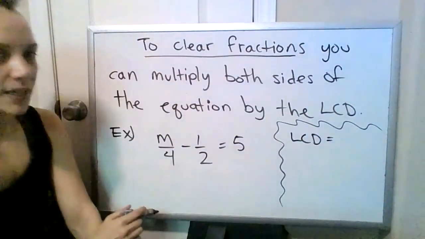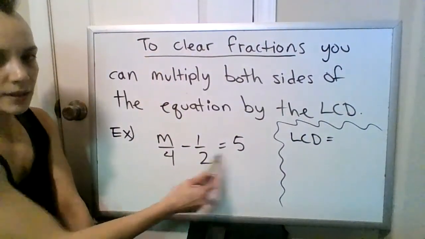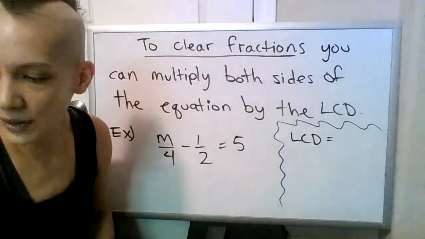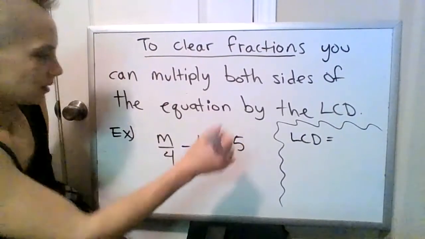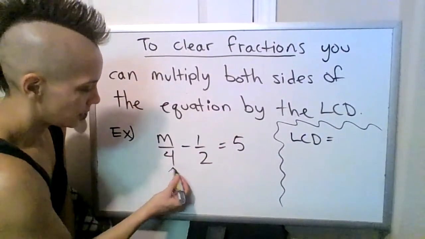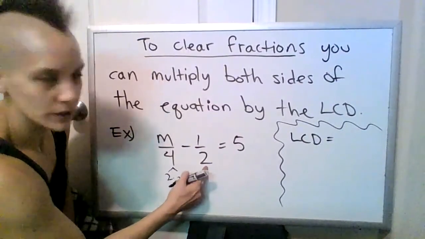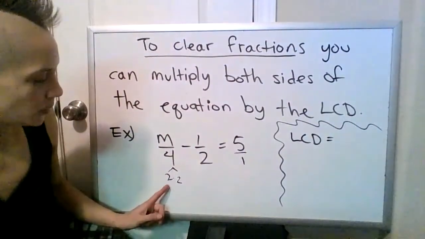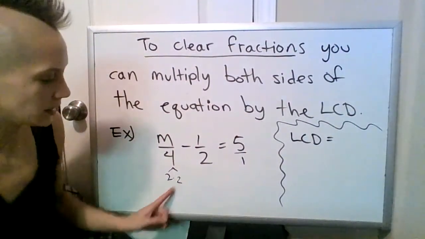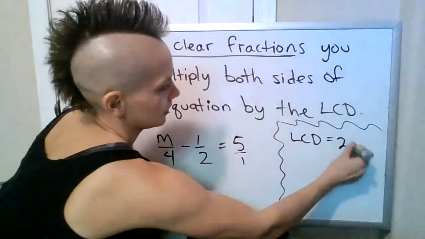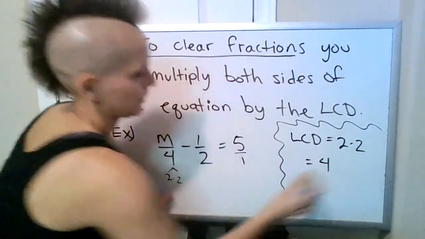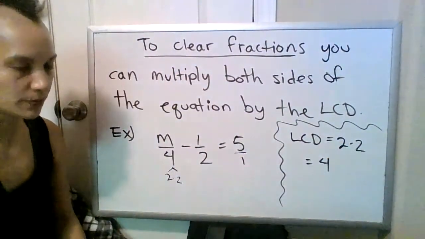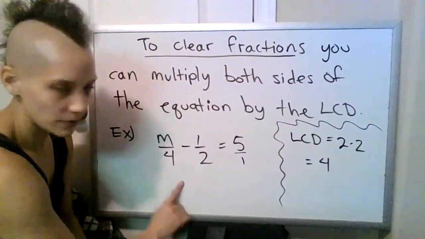That comes from your denominators. So you check out each denominator. Which there's this one, 2 times 2. There's this one, which is just a 2. This denominator is technically a 1. So LCD is the 2 2s. So if you multiply both sides by 4, the fractions will be gone.